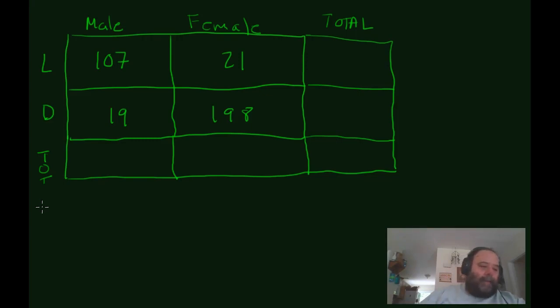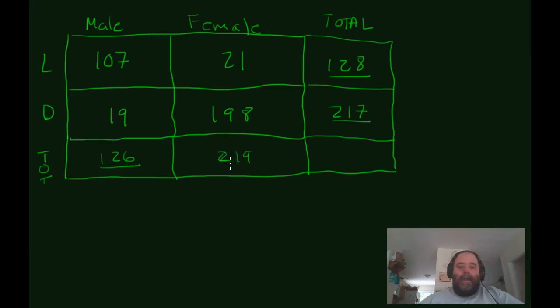So 107 and 21 is going to make this 128 in total, right? 19 and 198 is going to make this 217 in total. 107 and 19 should make this 126 in total, right? And 21 and 198 is going to make this 219 in total, which if I go either direction in this, 128 plus 217 or 126 plus 219, should get me to my population size of 345.